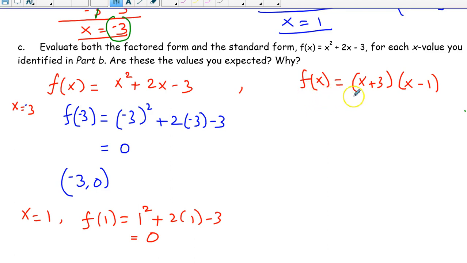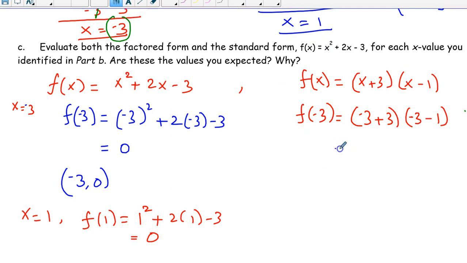Now in the second part, in the factored form, I am substituting x equal to negative 3 to give f of negative 3 is equal to negative 3 plus 3 times negative 3 minus 1.